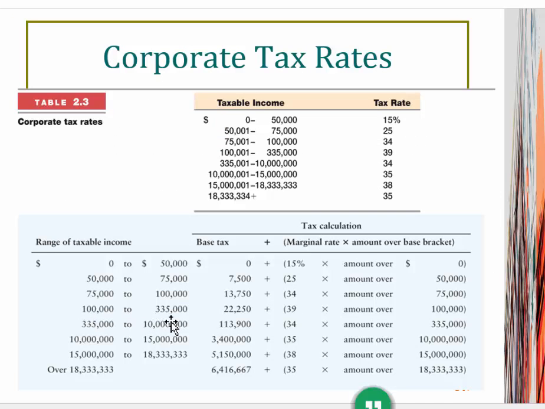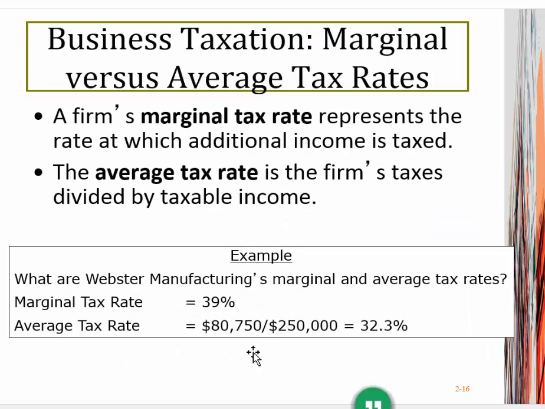If you made $250,001, that next dollar is taxed at this 39% rate. This column represents the marginal tax rate. So to find the marginal tax rate, you find where the amount is, and then just find out this column. In this case, it's 39%.